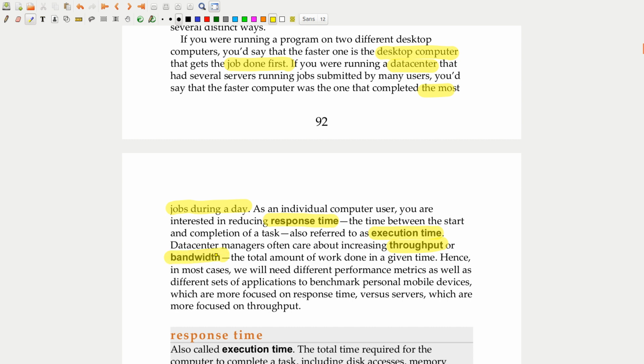Throughput or bandwidth, we can say, are interchangeable terms. And this is something that GPUs are optimized for as well. So that's a big difference between CPUs and GPUs. It's either throughput optimized or execution time optimized or latency optimized. So if we say response time, execution time, or latency, that means we're talking about CPUs. If we say throughput or bandwidth, that means we're talking about GPUs or data centers.